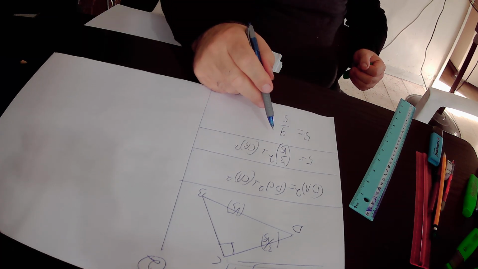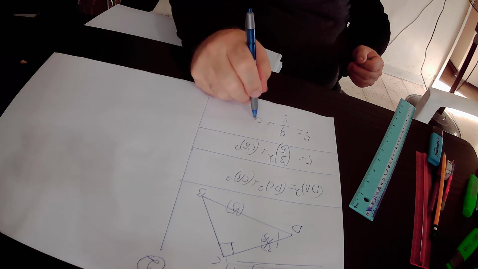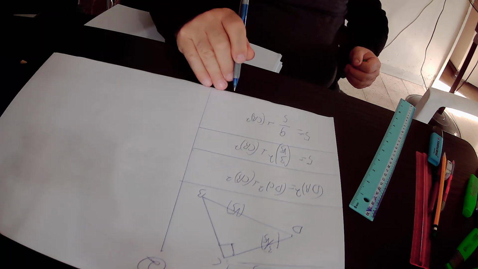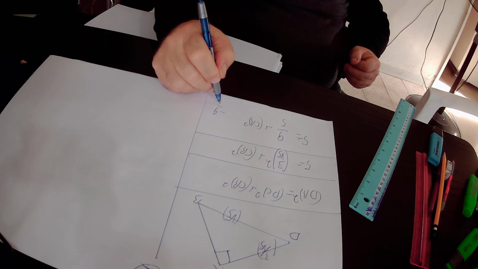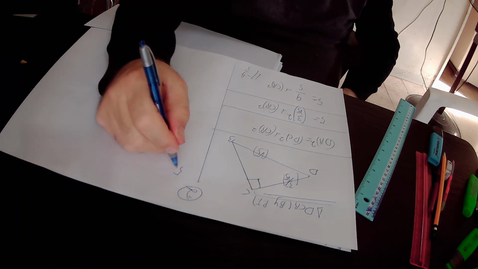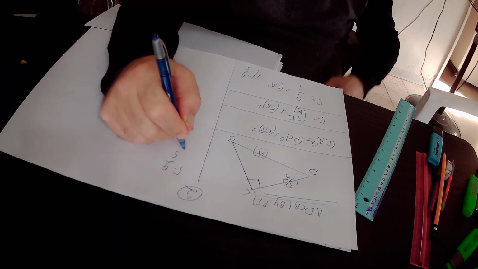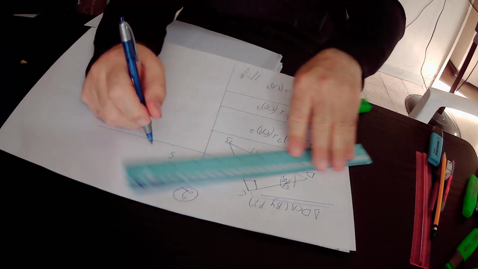So in total, 3 over square root of 5 squared equals 9/5, plus CB square. So here we subtract 9/5 from this equation and get that 5 minus 9/5 equals CB square.